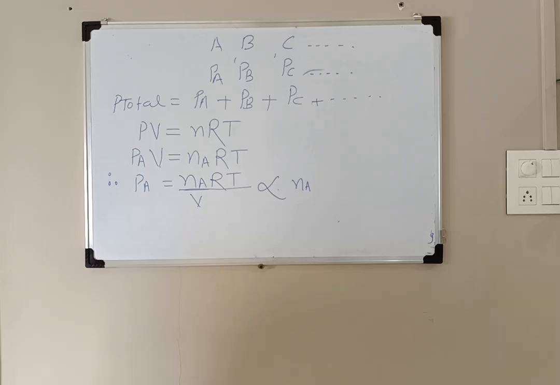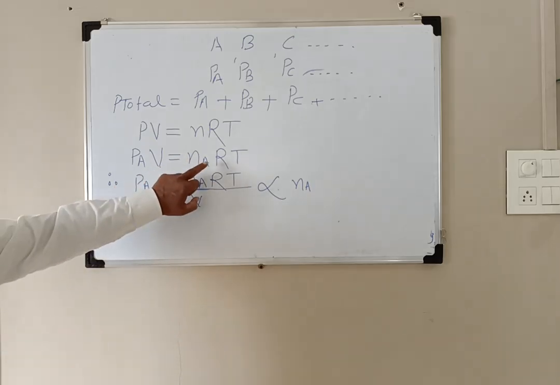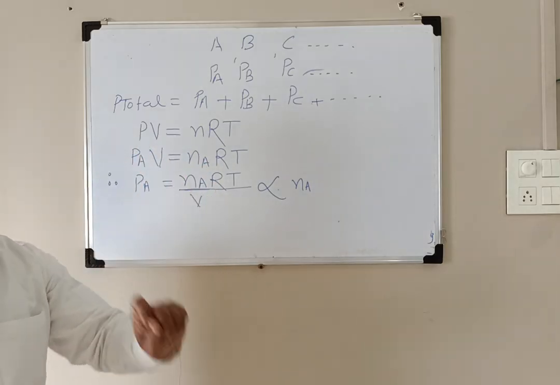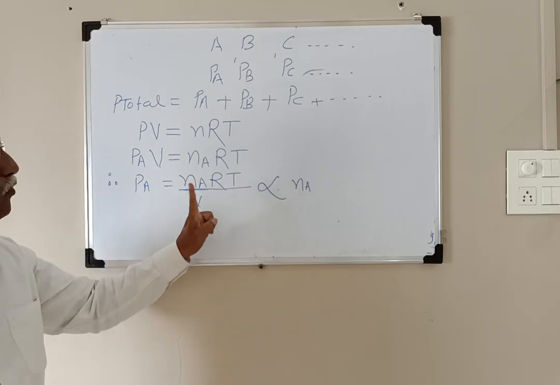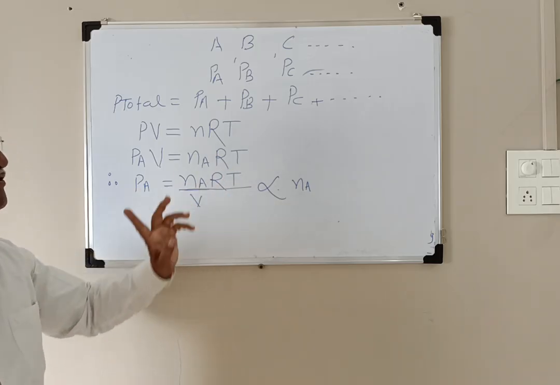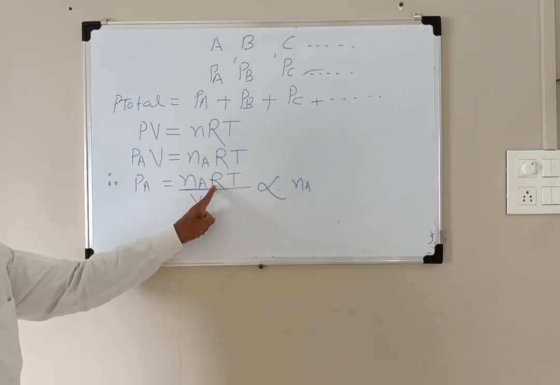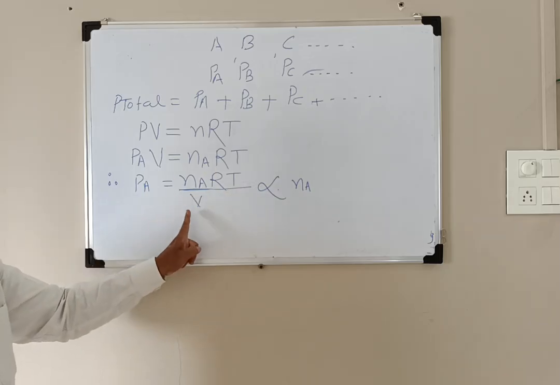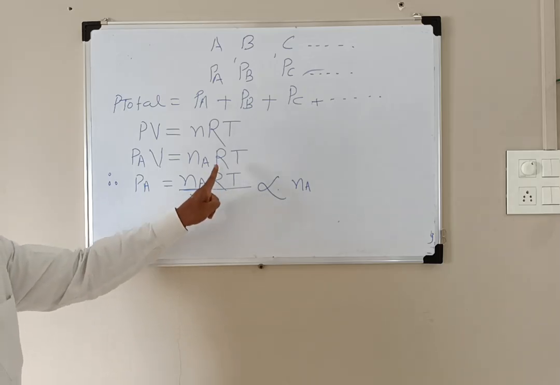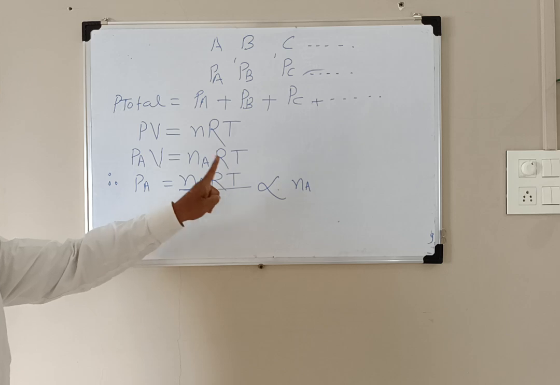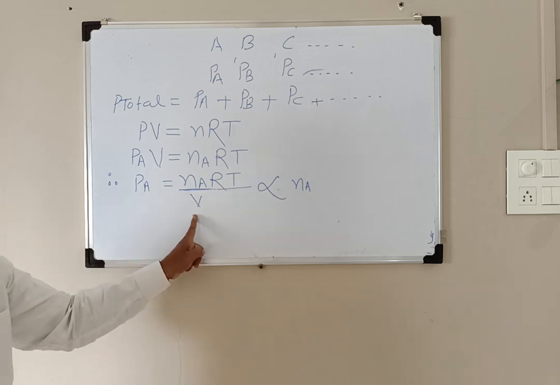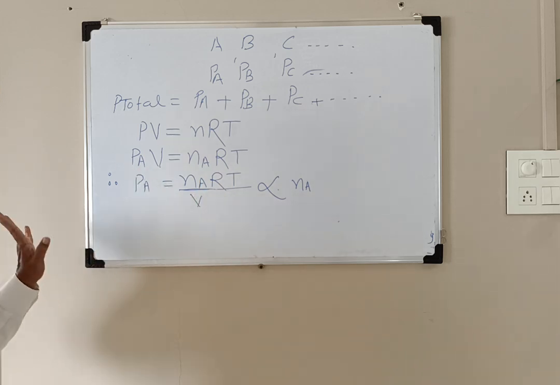So try to understand. R is the gas constant, it is fixed. When volume is constant and temperature is constant, R into T upon V is constant multiplied by constant divided by constant, which is another constant.